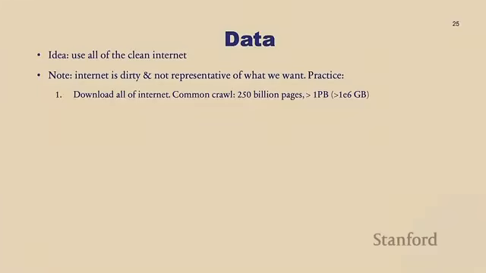People don't usually write their own web crawlers. They use standard ones, and Common Crawl is one of them that basically every month adds all the new websites that were found by Google, and puts them in a big dataset. So on Common Crawl, you have around 250 billion pages right now, so 1e6 gigabytes of data.